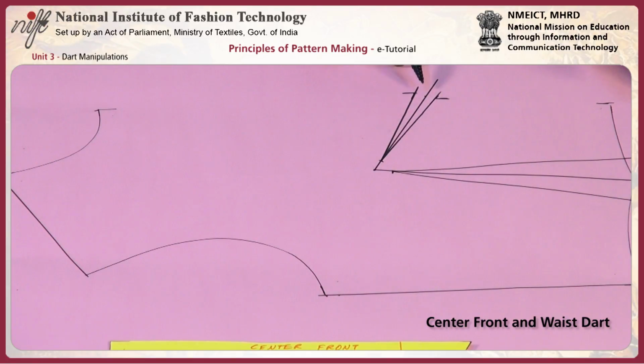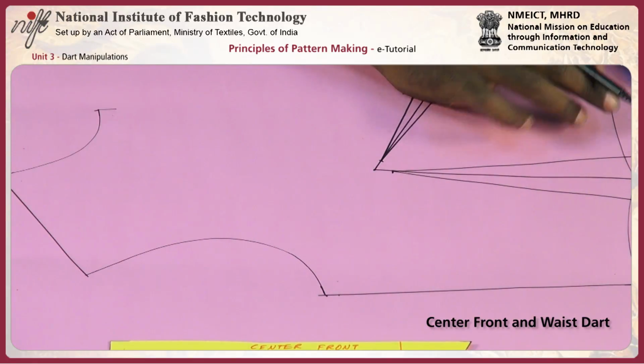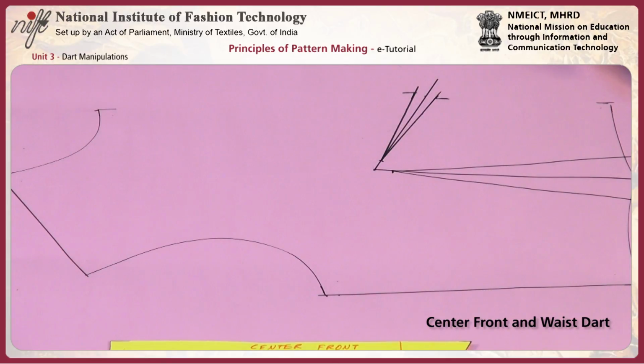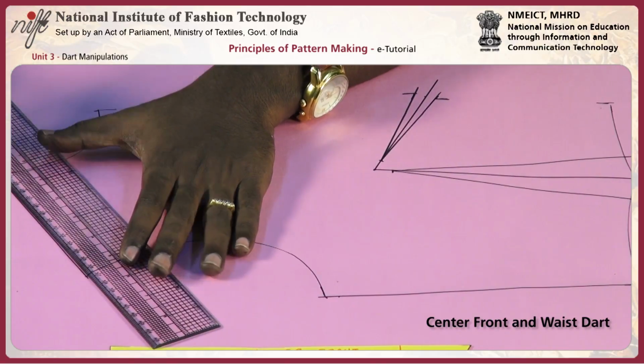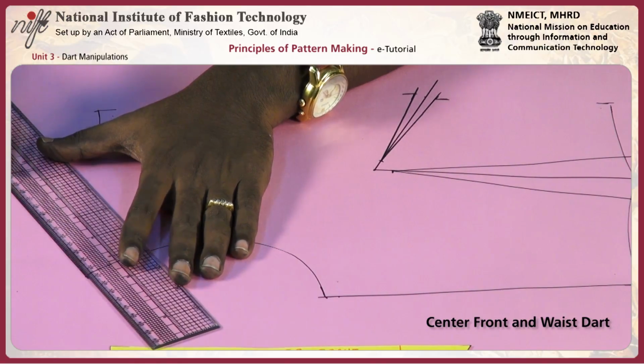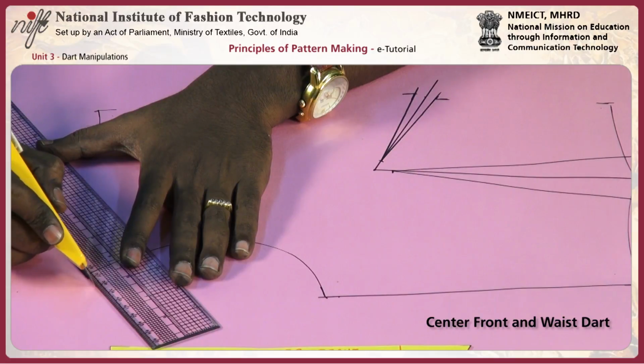Since we have a dart at the center front and waist, don't cut it exactly, leave 1 inch extra. Cut the shoulder line.